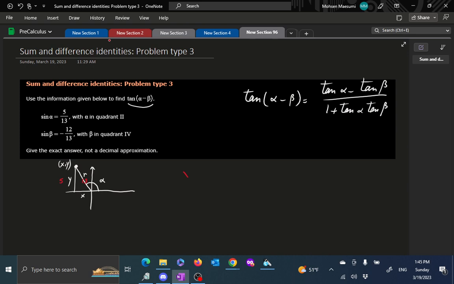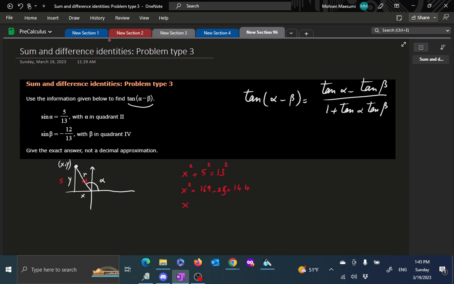Well, we know that x squared plus 5 squared has to be 13 squared. So x squared is going to be 13 squared is 169, minus 5 squared is 25. We are left with 144.